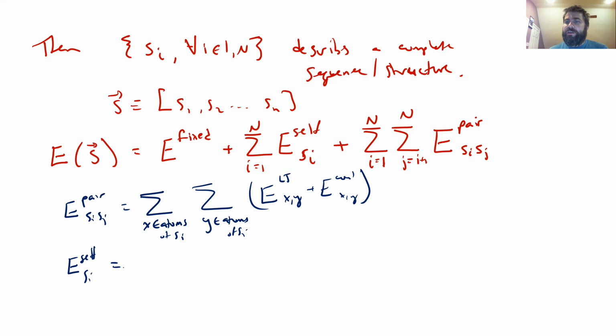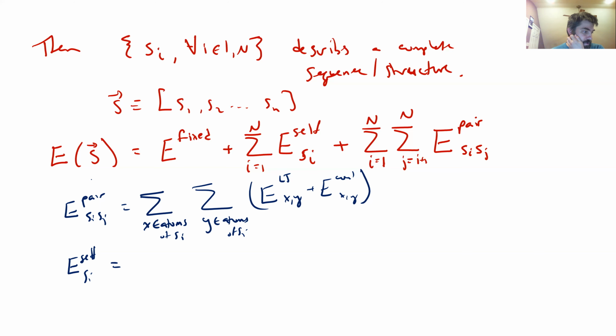The self energy includes interactions between the side chain and other atoms in the side chain, as well as interactions between atoms in the side chain and things in the backbone.